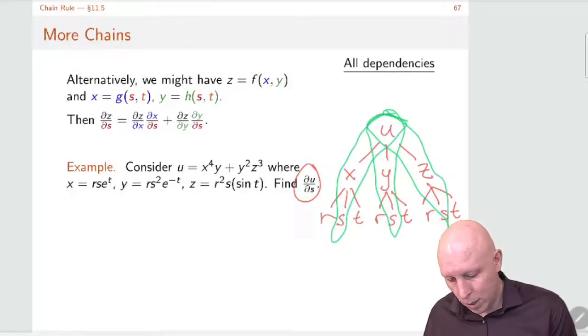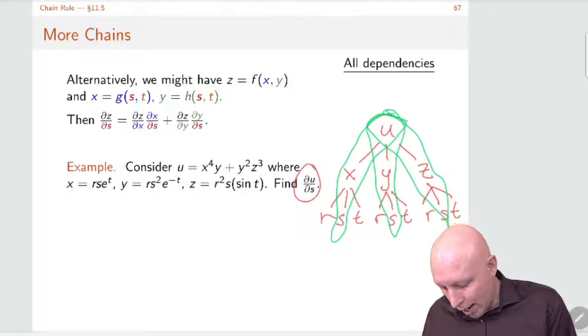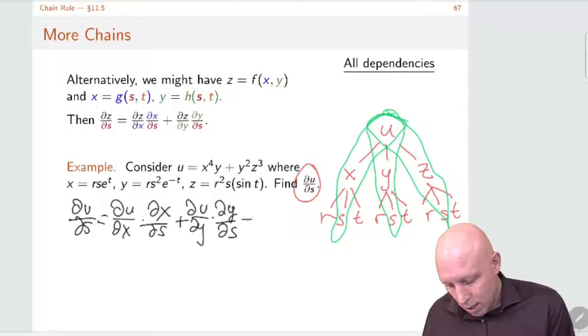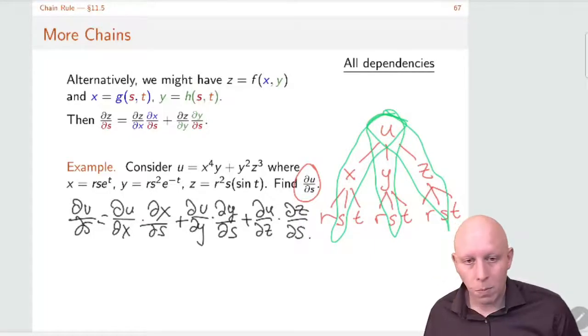Right, and so what that means is we'll have to write that del u del s is equal to del u del x times del x del s plus del u del y times del y del s plus del u del z times del z del s.